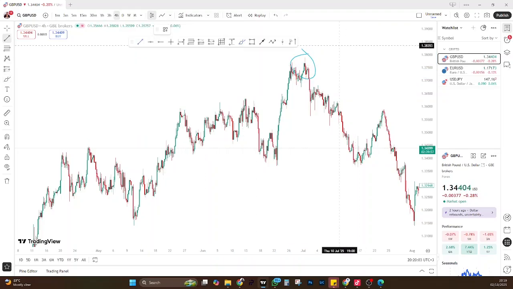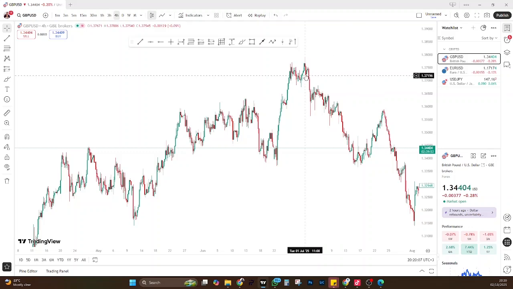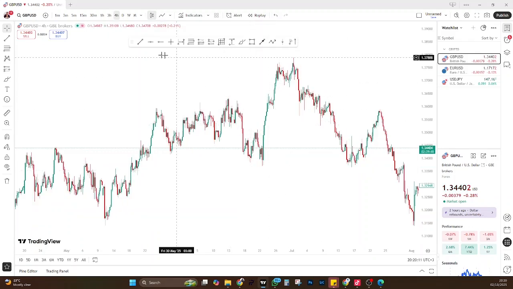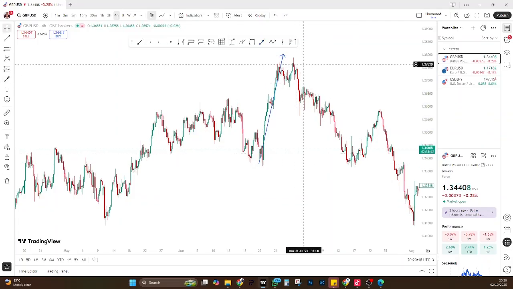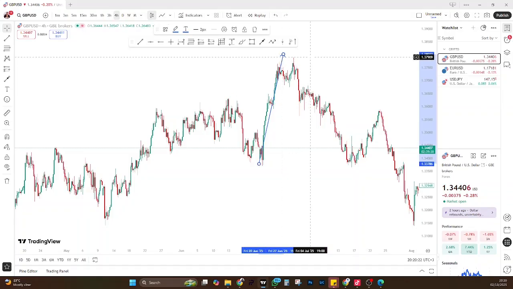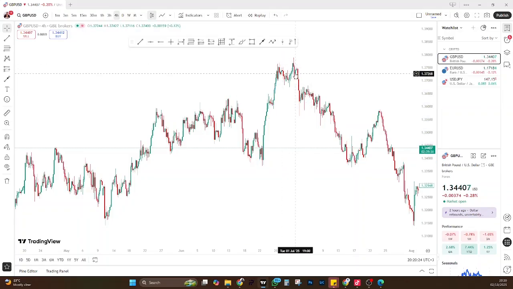If you look at this market, the market was buying here until it got to this point. When it got to this point, the market started to sell.